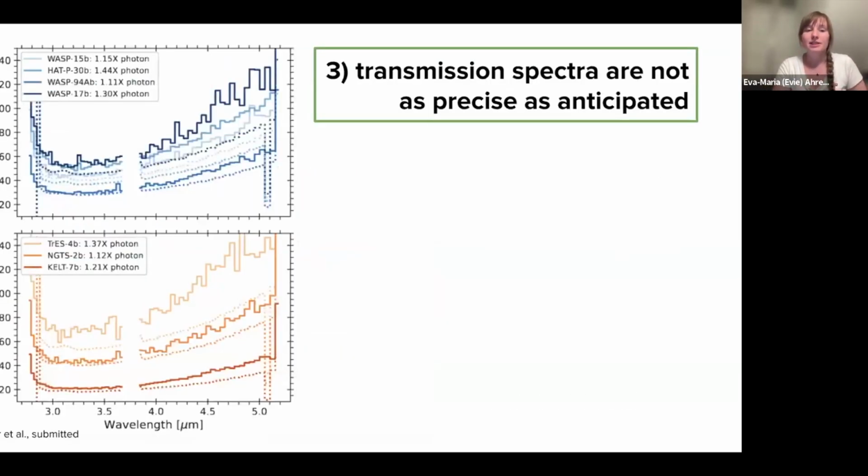Another point is that our transmission spectra aren't as precise as predicted by assuming just photon noise. On the left here, you see at the top the misaligned planets, with the computed photon noise versus the measured noise, and it's always higher than photon noise by at least 1.1 and up to 1.4 for the worst case. Similarly for the aligned planets on the bottom left.